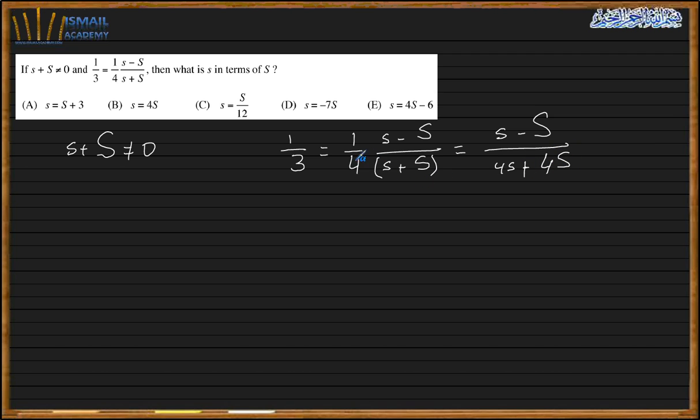So it's like I'm having parentheses here, I distribute the term here. Now I have 1 over 3 equal small s minus big S over 4s plus 4.